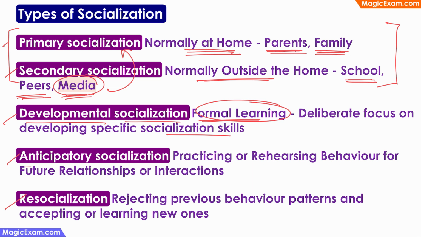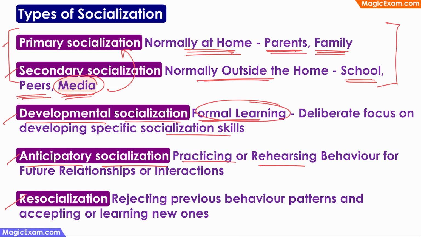Next is anticipatory socialization. Anticipatory socialization is where a person is practicing or rehearsing a behavior for a future relationship or a future social situation, and this is informal in nature. For example, when I am going to join a new office, or I'm going to meet some new people, I might stand in front of the mirror and rehearse.